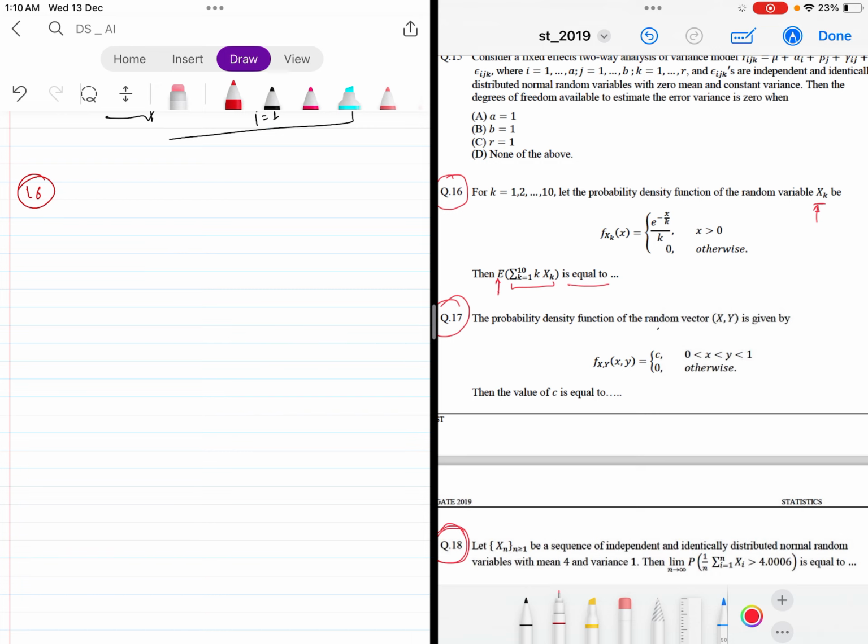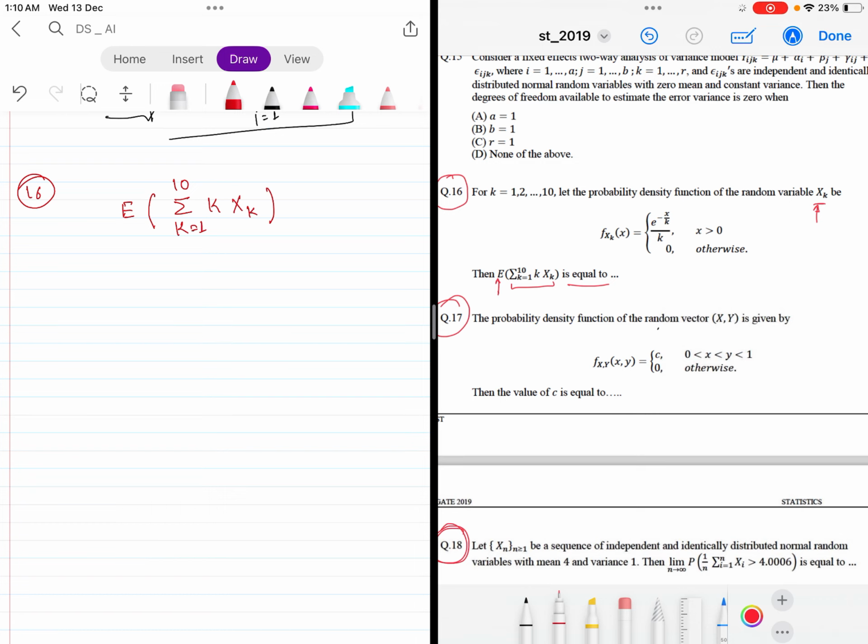All right, so how can we do that? First of all, let's look at what is inside the expected value. For k equals 1 to 10, we have k times xk.